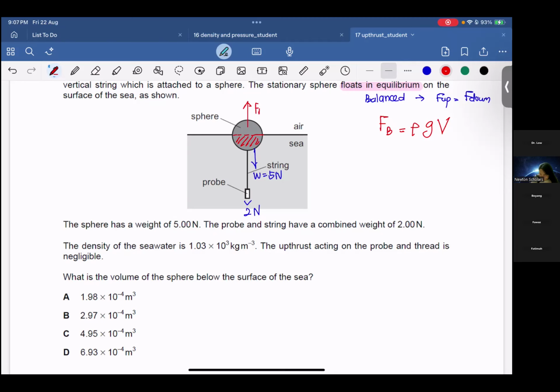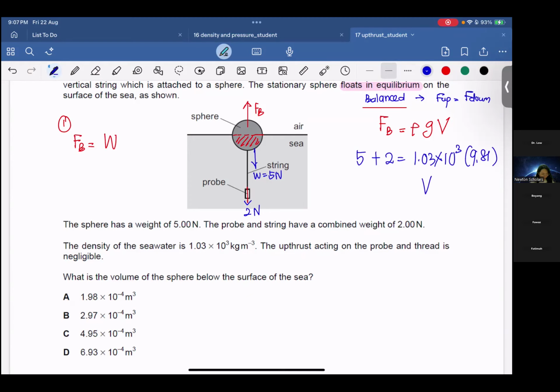The buoyant force equals your weight, because it is balanced. Going up is the buoyant force, going down we have 5 Newton and 2 Newton. The first point you have to understand is that upward force equals downward force. Downward force is the weight, 5 plus 2. The upward force is the density 1.03 times 10 power of 3, g is 9.81. So you calculate the volume.